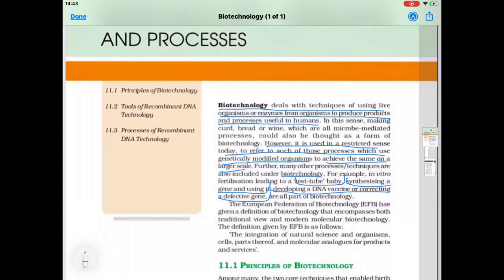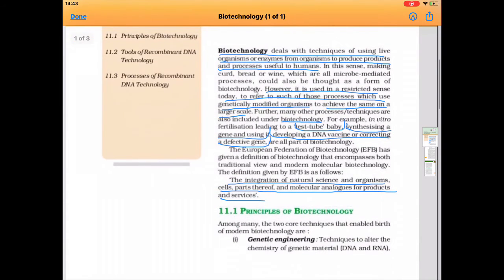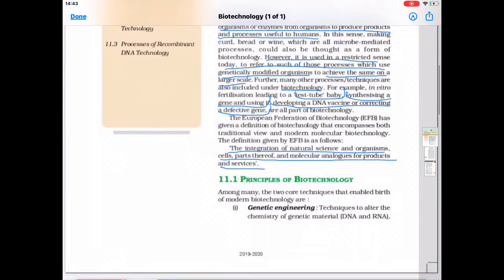According to the European Federation of Biotechnology, the definition is as follows: the integration of natural science and organisms, cells, parts, and molecular analogues for products and services. This is the definition given by the European Federation of Biotechnology.